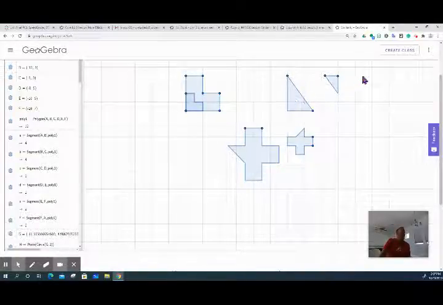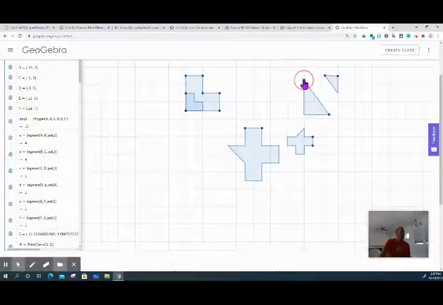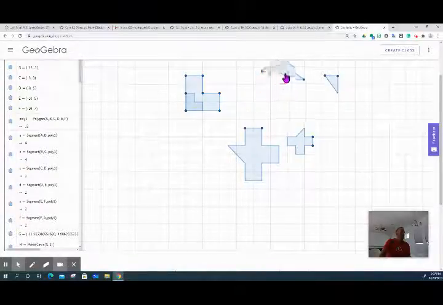Well, let's go from this triangle to this triangle. In order for me to get there, once again, I know I'm going to have to move it, but the first thing I'm going to have to do is actually rotate it.